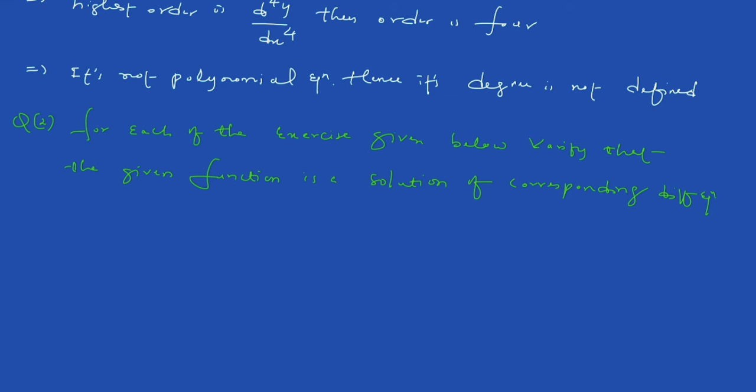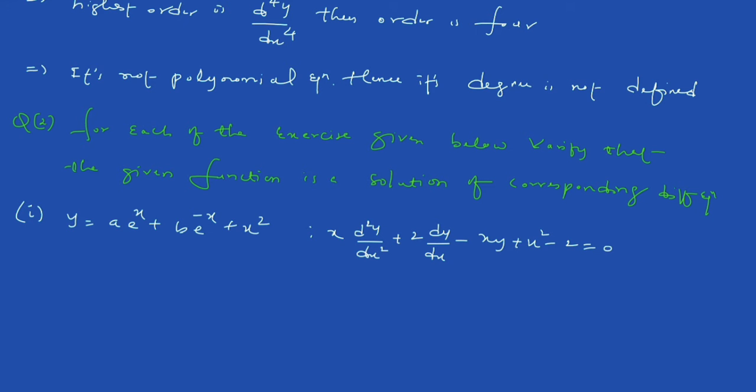Already we have solved these questions in the previous exercises. To the solution, first one in that: y equals a e to the power of x plus b e to the power of minus x plus x square, such that the differential equation is x d2y upon dx square plus 2 dy by dx minus xy plus x square minus 2 equals 0.